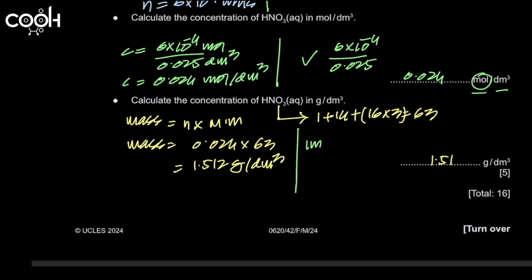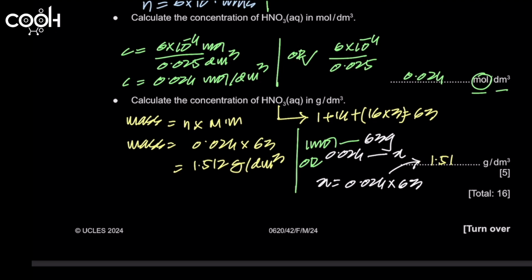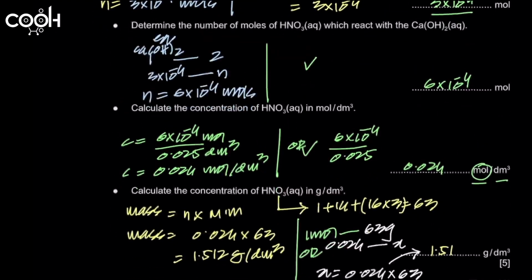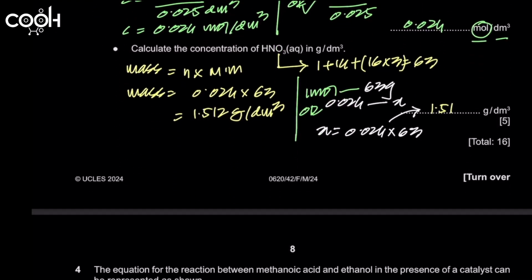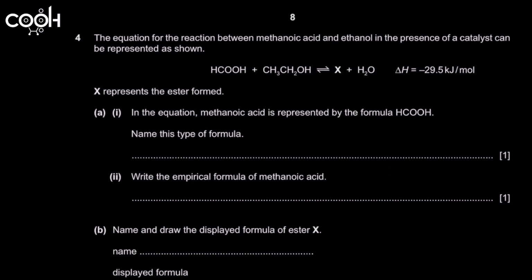We know that 1 mole of HNO3 has how many grams? It has 63 grams. So if you have 0.024 moles, how many grams would it have? X is equal to 0.024 into 63. So it gives you the exact same value, right? So you could do either, with the formulas or without the formulas.